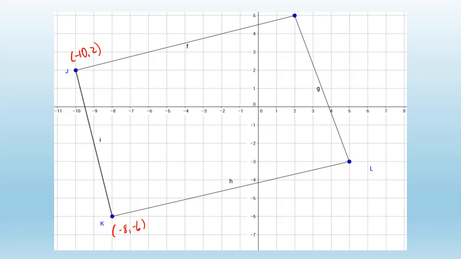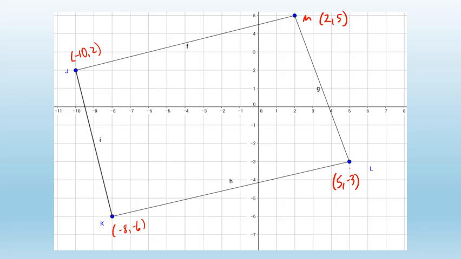Vertex L has the coordinates (5, -3). And I'll cut my M off, but M is (2, 5). So let's start working on the slopes of these opposite sides.